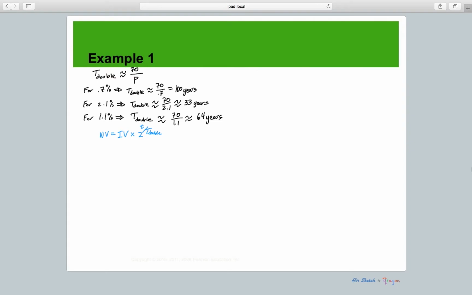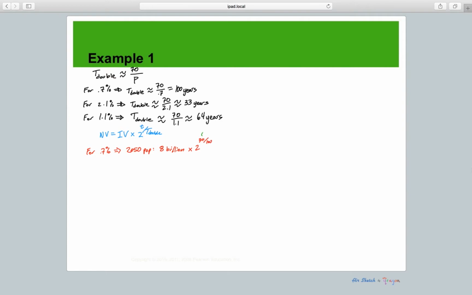So for the 0.7% annual rate, the 2050 population is going to look like this. We're going to do 8 billion times 2 to the 30 over 100.